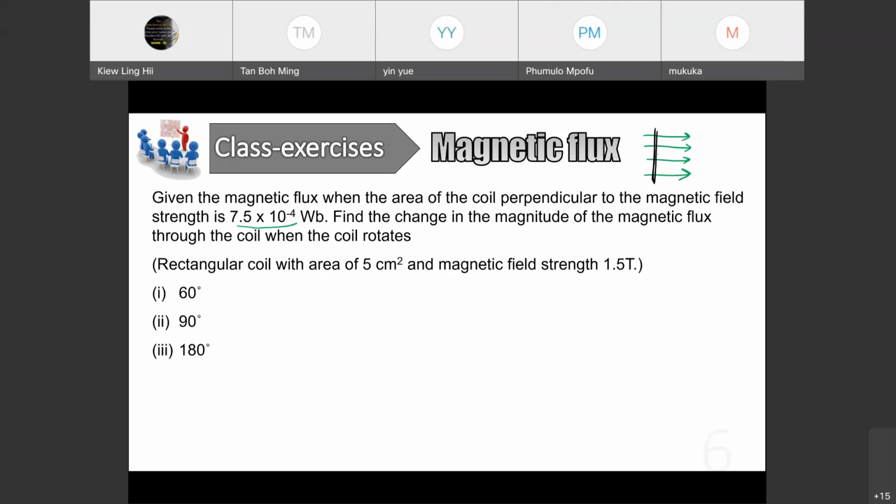When the area and the magnetic field are at 90 degrees, and given that the flux is 7.5 times 10 to the power of -4, the unit for magnetic flux is the Weber, W capital, b small letter.